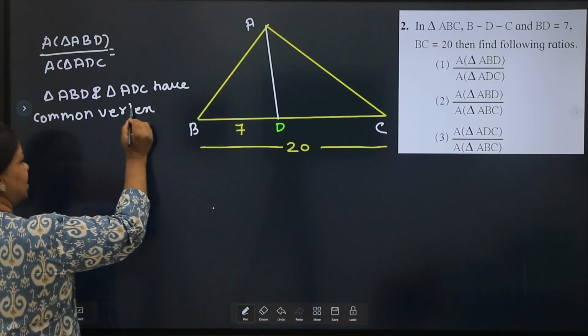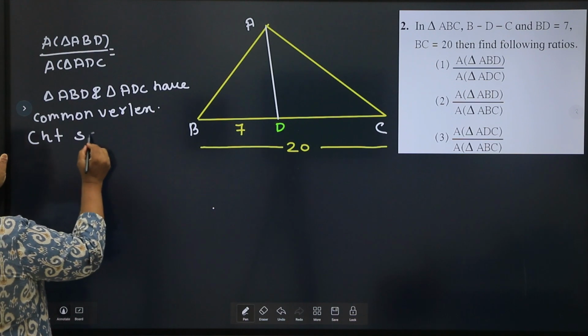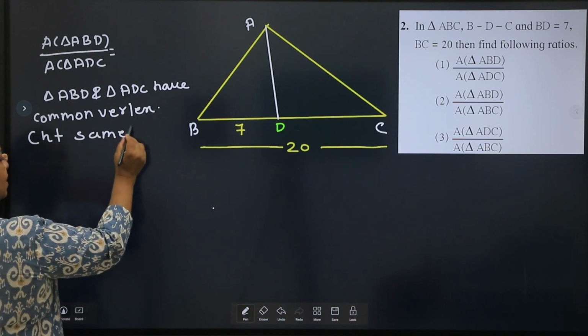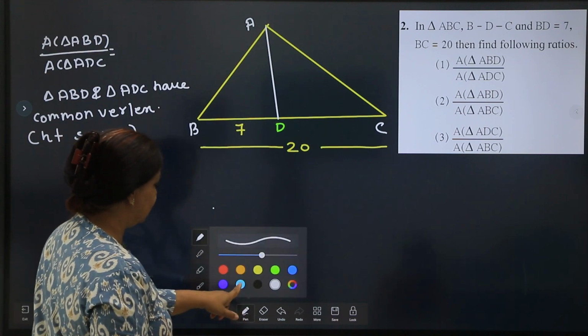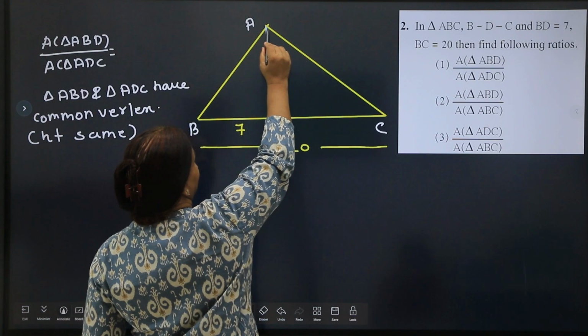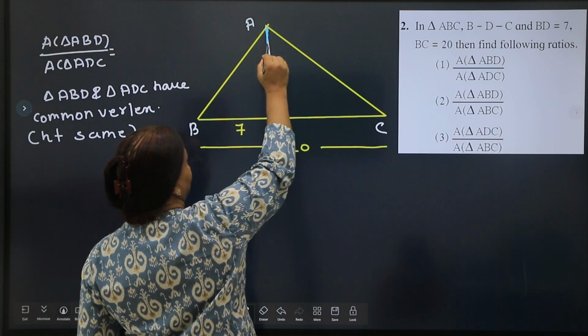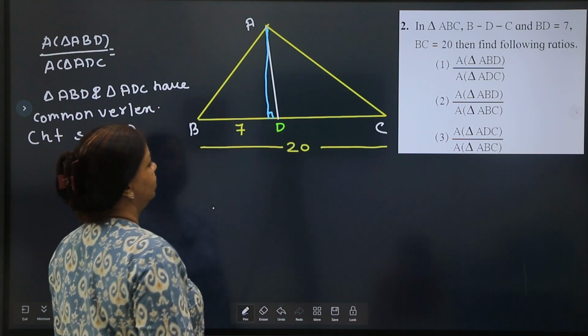And since the vertex is common, the height will be the same. They will have the same height. So even if I draw a height here, let me draw one height, a perpendicular height. That will make you more perfect. Suppose I am drawing one line here perpendicular.